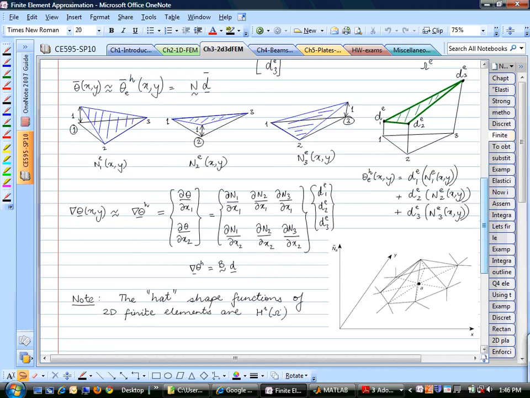And this is also important. Why does this work? Because this is an H1 space over all this domain. If you assemble the shape functions for a particular node, they look like this tent type of shape function, which means that the function itself is continuous.